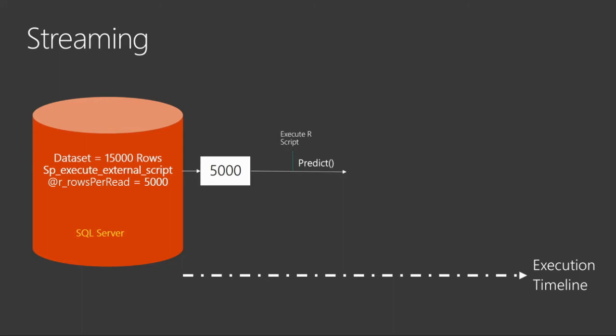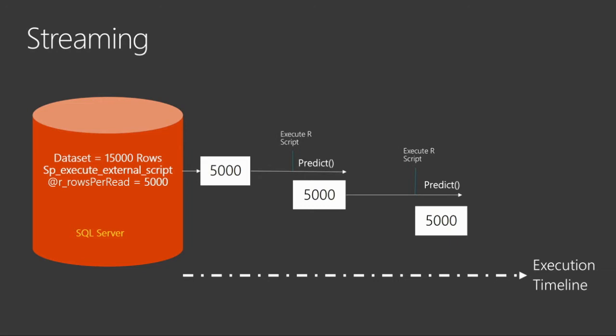And while we're executing this first batch of 5,000, we can start sending the next 5,000. So this is basically how this process works. And when we start to process the second batch, we can send the third chunk of data. So we had 15,000, it will be 3 batches basically, and that's what happens over the execution time.